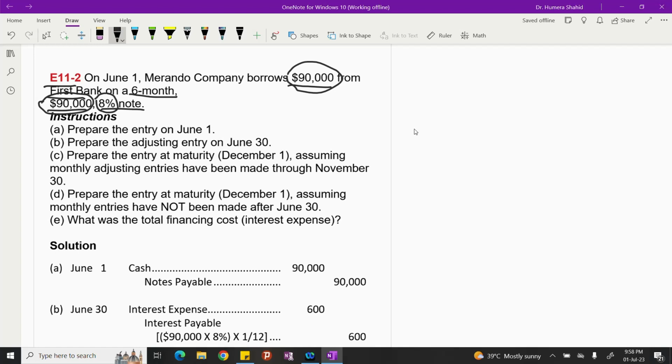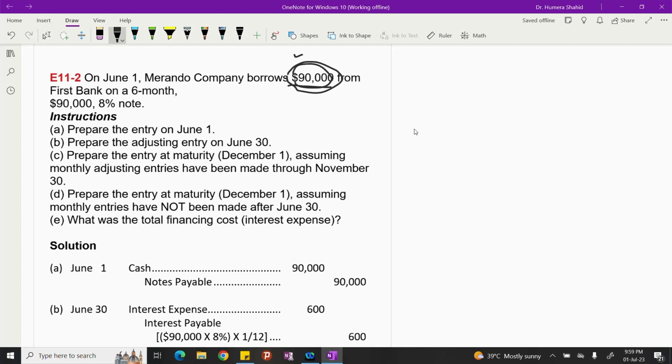Because you are in early concepts of financial accounting, I would introduce you to something: sometimes the borrowed money is not the same as the note amount. They could be different, and you are going to see this in some advanced chapters of financial accounting. But for this exercise, whatever money was borrowed, the same amount note was signed by this company.